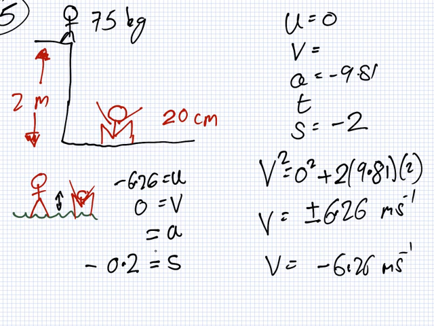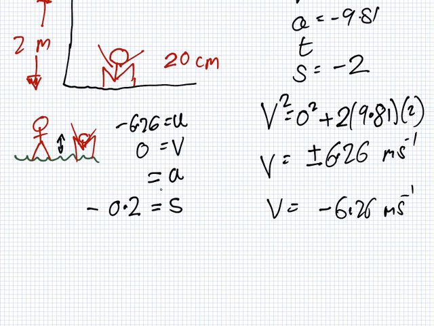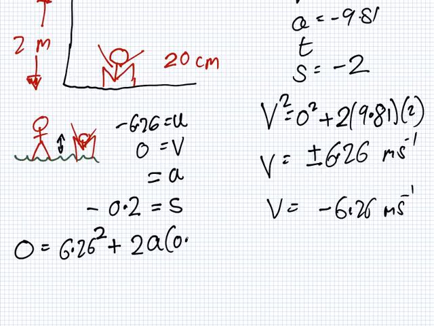So if I want the A, which formula could I use here? V squared again. V squared equals U squared, the minus gets squared away, plus 2AS, and the minus is cancelled. And there's a minus here, sorry.